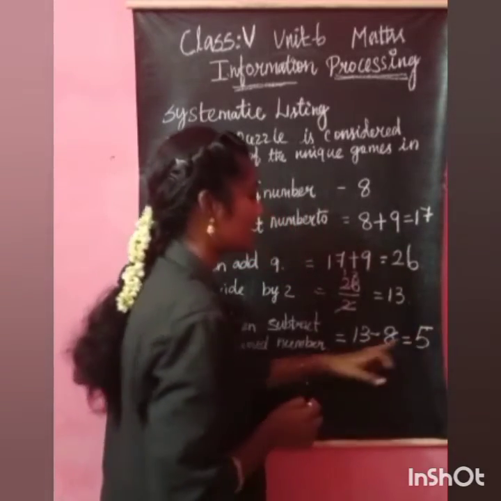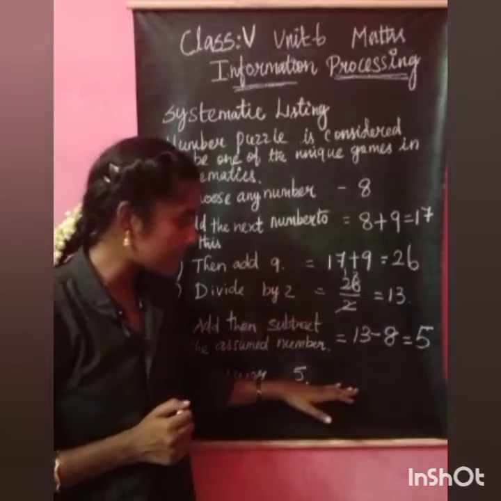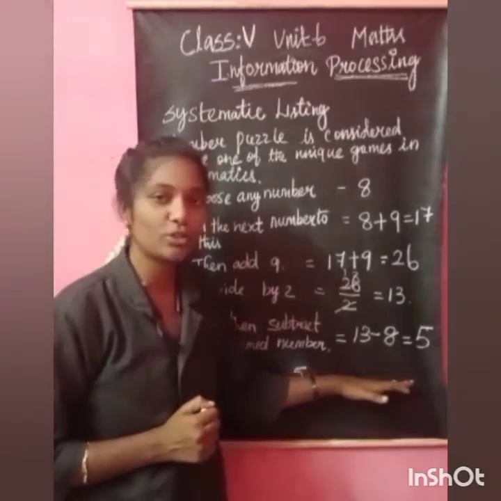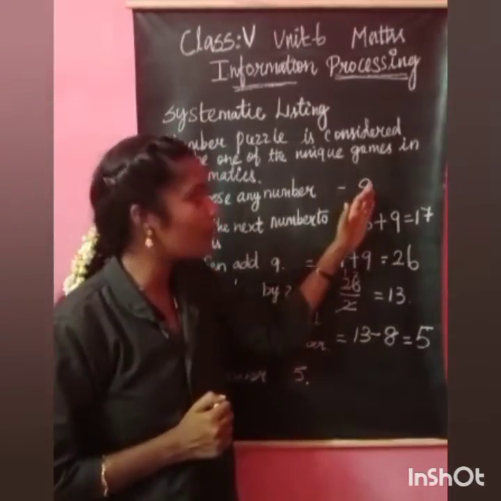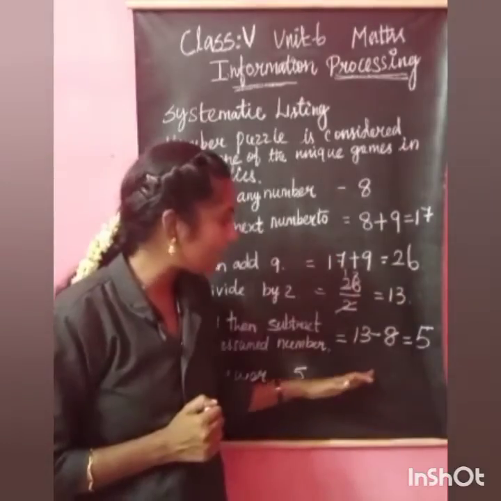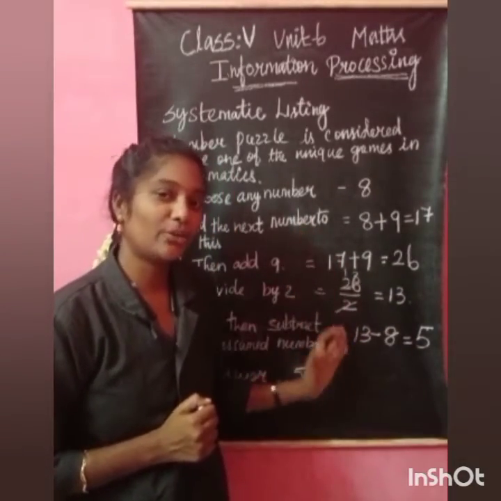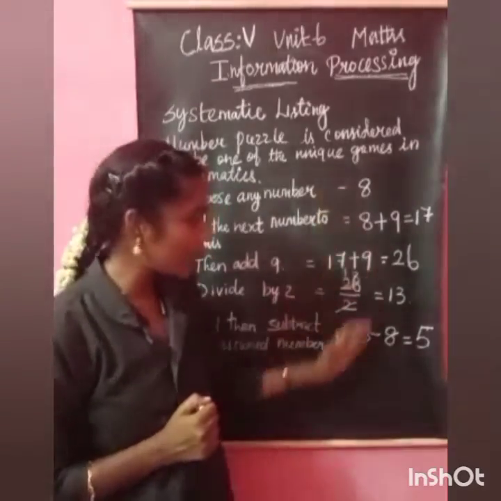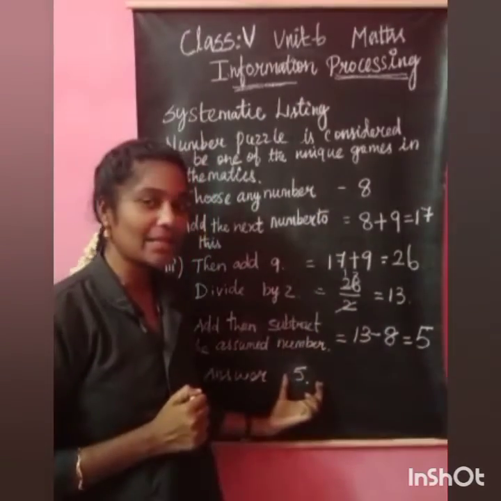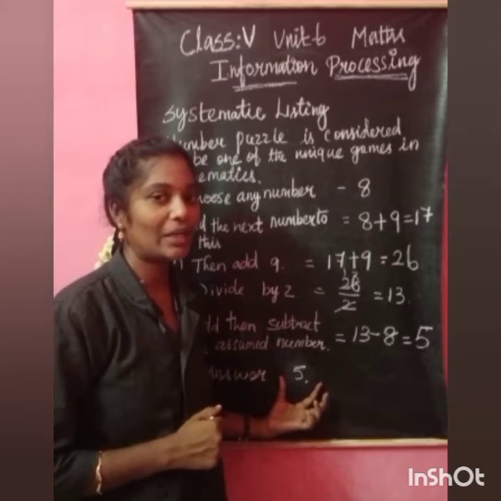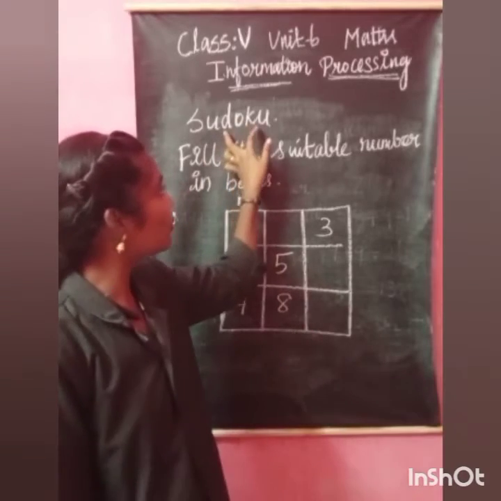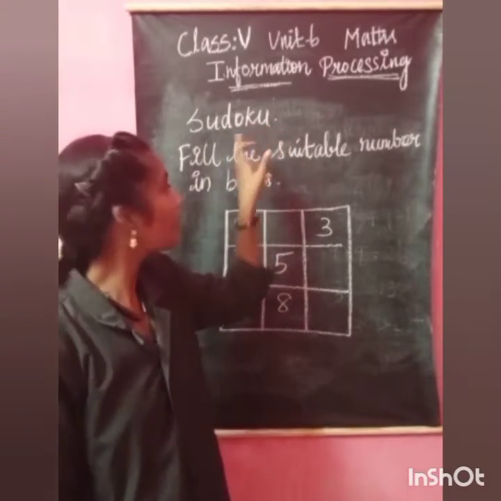So the answer is 5, common to all. Any number you take, following the steps, you get the answer 5. Are you clear, children?